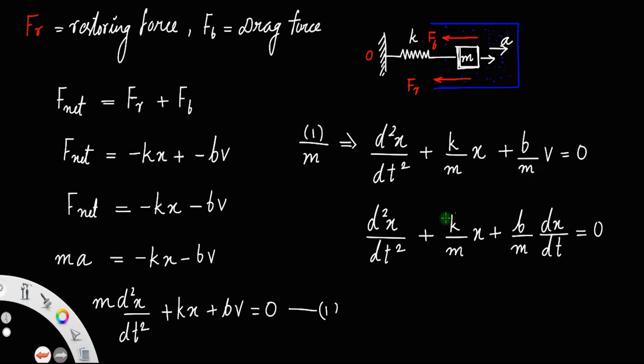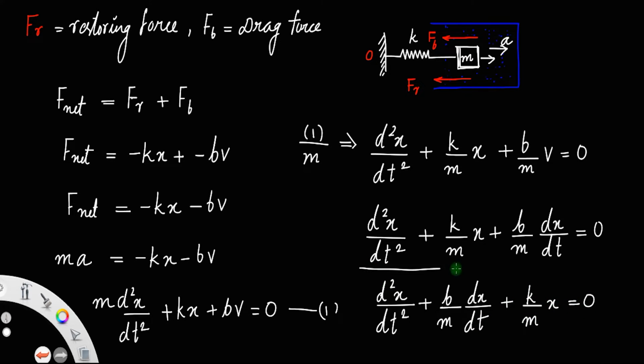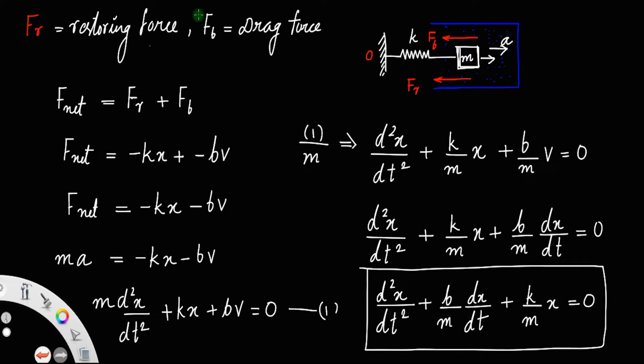And this can be rearranged as d square x by dt square plus b by m dx by dt plus k by m x is equal to 0. So this is the differential equation for damping.